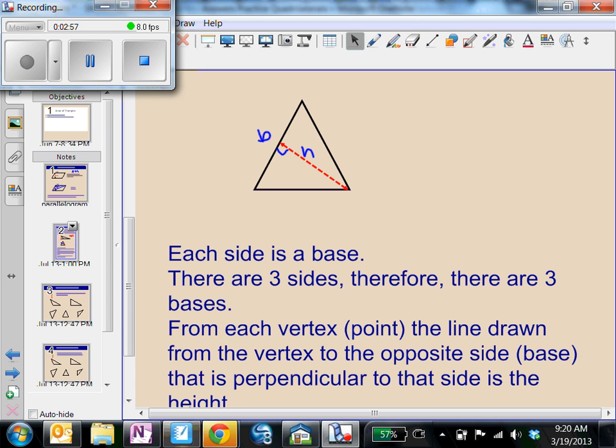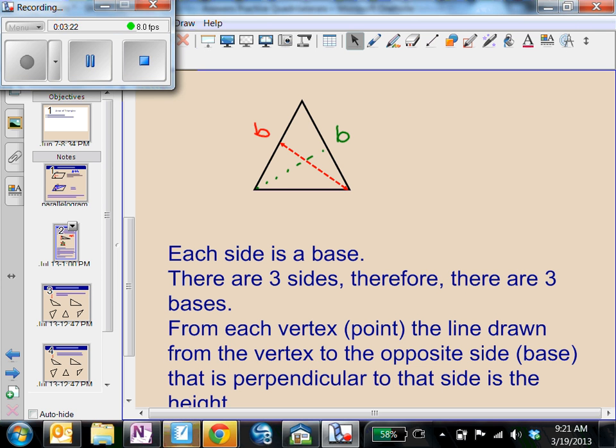So I can have more than one pair of bases and heights. We can have 3 pairs of heights and bases with any triangle because we have 3 vertices and 3 sides. So here I showed you one height with its base on the other side. Now if I go from another vertex to the opposite side, I can see another height and base.